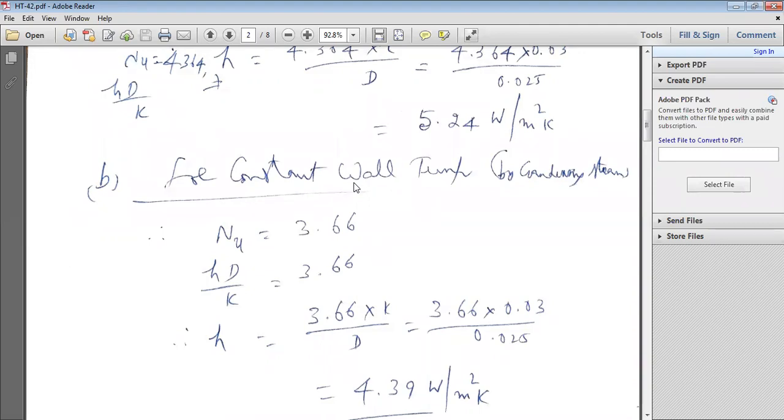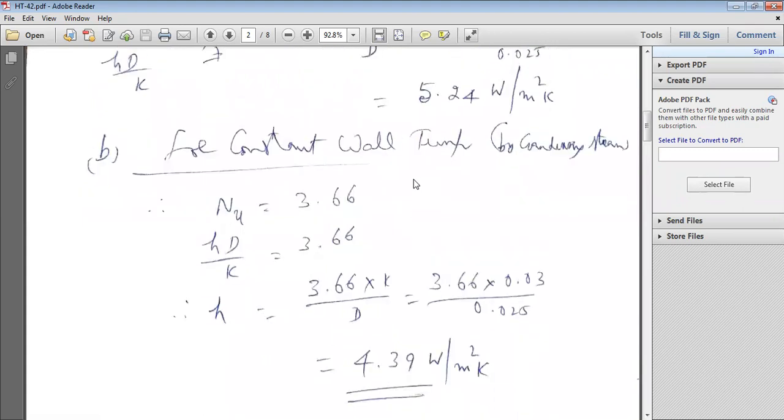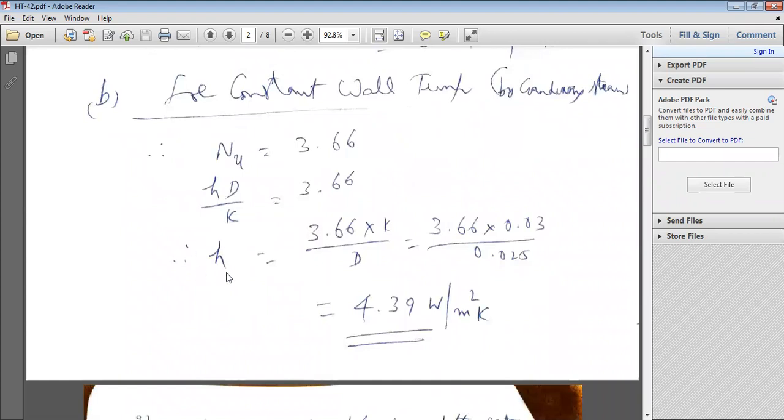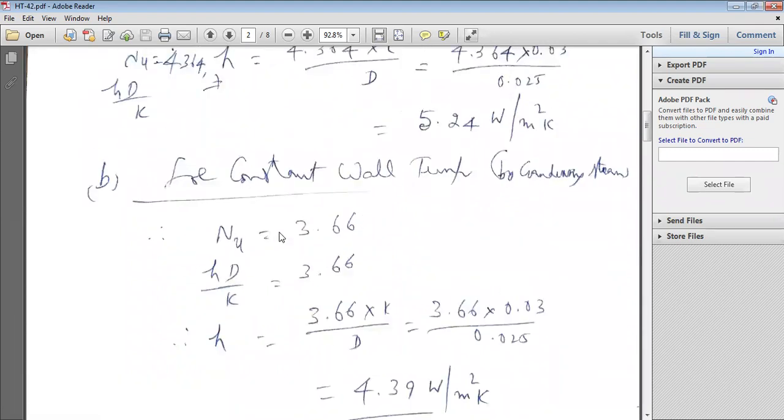After maintaining the constant wall temperature, for that condition, how do you calculate the heat transfer coefficient h? Again, the Nusselt number is to be taken.